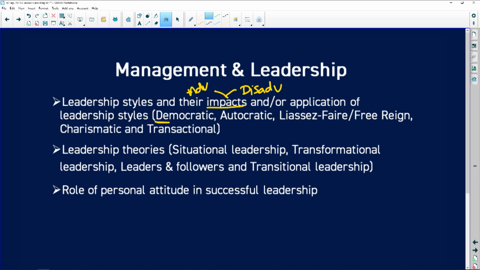Democratic leadership style is typically where a leader involves the rest of his staff in decision making. Autocratic means one man's the boss, he makes the decision, it's his way or the highway. Free reign or laissez-faire, a very beautiful French word, is where the boss or the manager trusts his employees to do the work the way they want to, just get the job done.